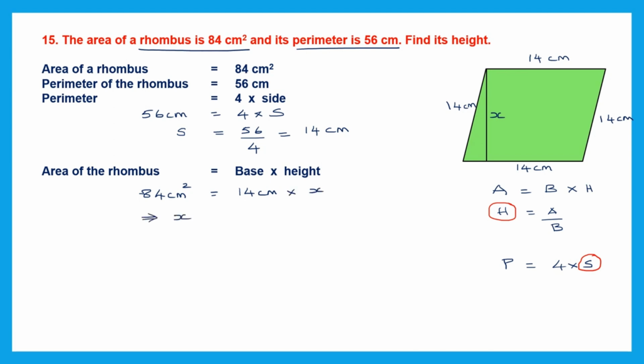It's an equation. x is equal to 84 centimeters square, this time divided by 14. 84 divided by 14 is 6. So that means we have found the height. The height is 6 centimeters. So we have found the height here and the answer is 6 centimeters.